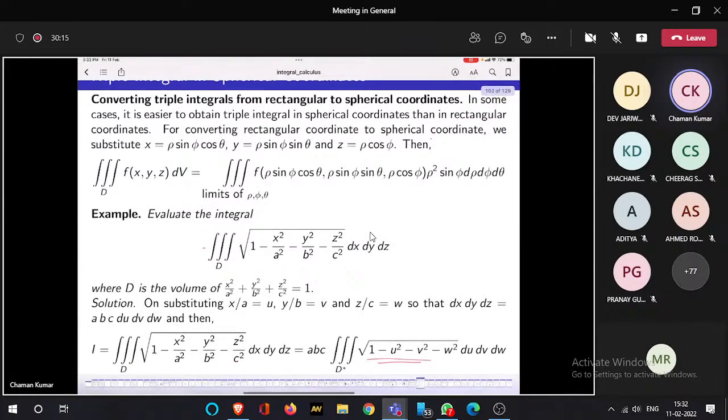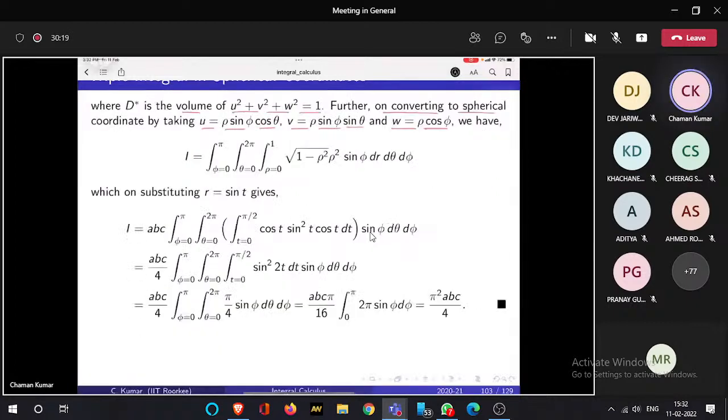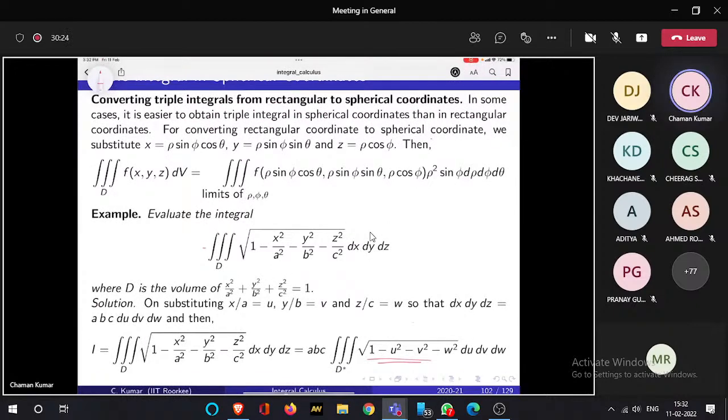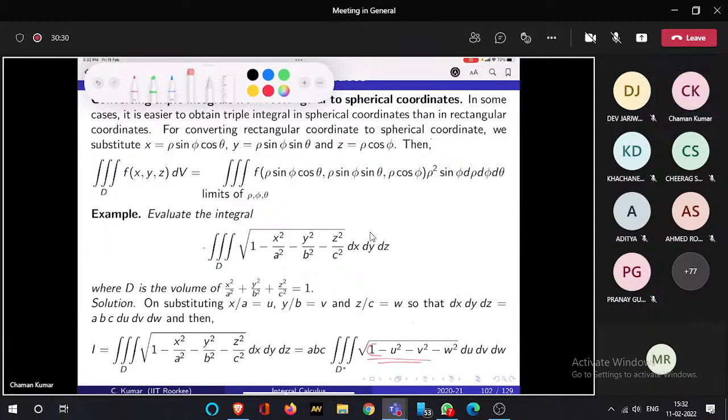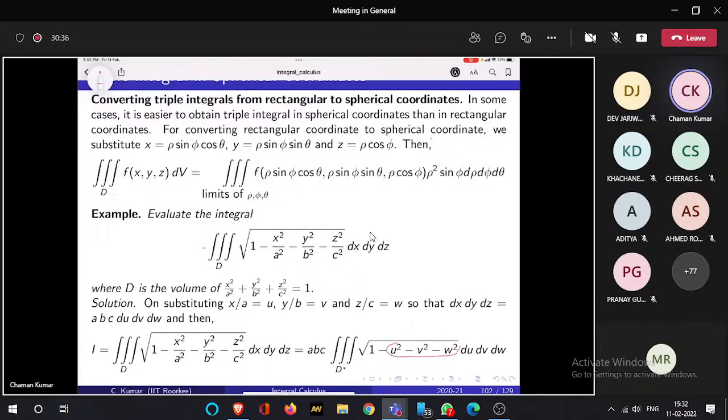You get 1 minus u square minus v square minus w square, and after this substitution, u square plus v square plus w square is rho square.